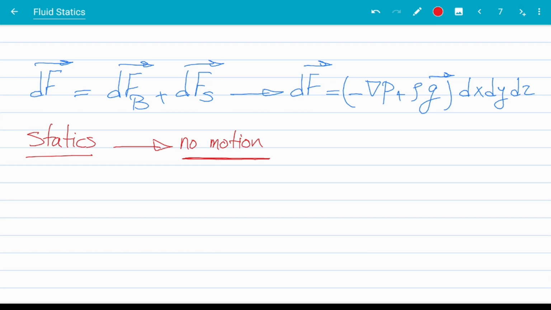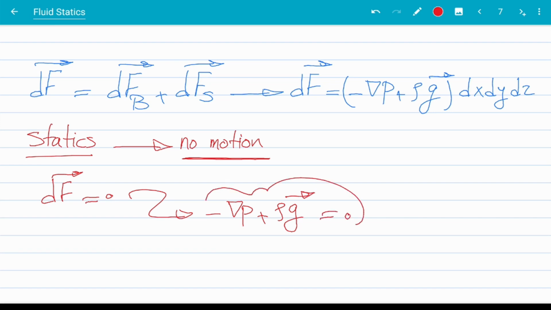So I can conclude that dF, forces acting on my fluid element, is zero. This immediately gives me negative pressure gradient plus rho g is zero. Keep in mind that pressure gradient is a vector.